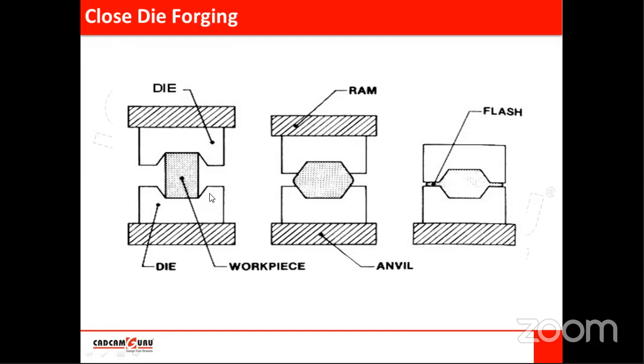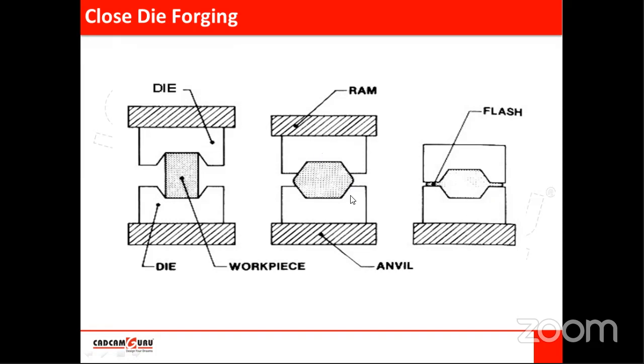Here the hammer or die will have a shape similar to the workpiece. That's why it is called closed die forging. Here we get the component at the final stage. This is called the ram. This is the anvil. On these two, the dies are mounted: the upper die and the lower die. During the different stages we get the final product.